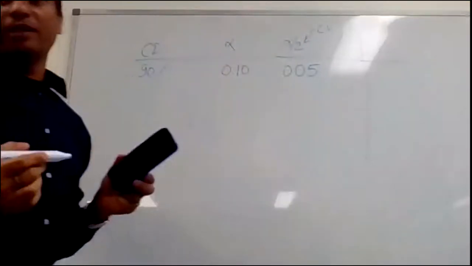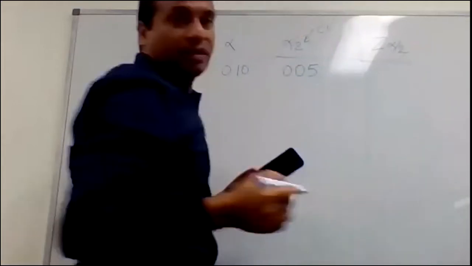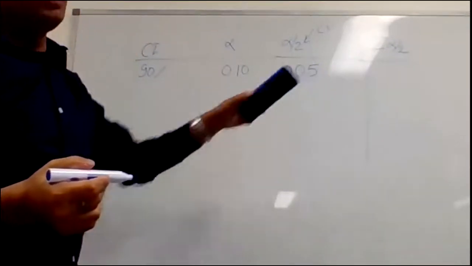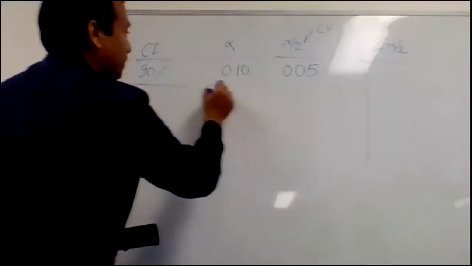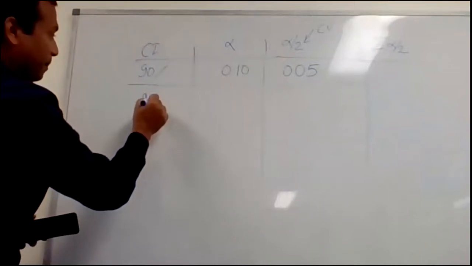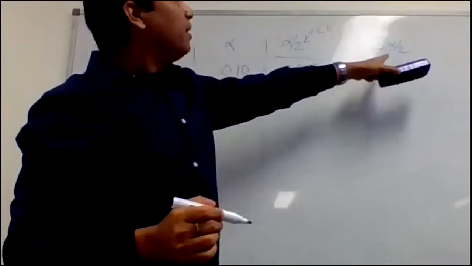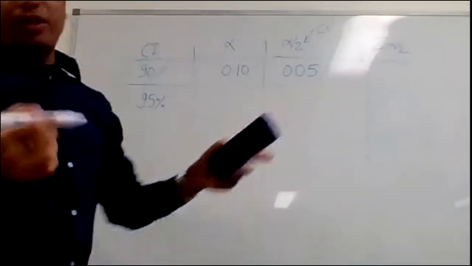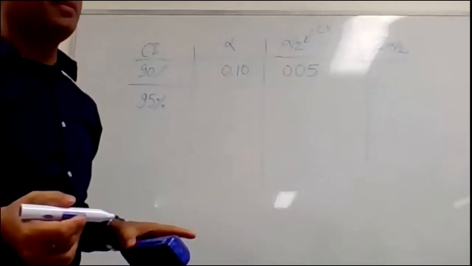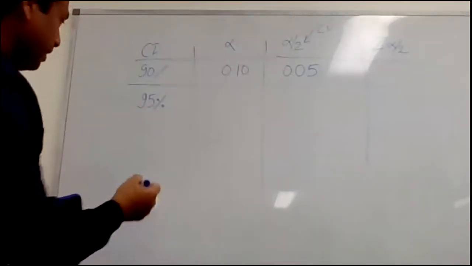And what will be the corresponding critical value Z alpha by 2? Use the Z table and find the area left of 0.05. You will learn the application of Z alpha by 2 when we do the exercises, but just try to find the corresponding Z value in the Z score table. For 0.05, you need to see the area.